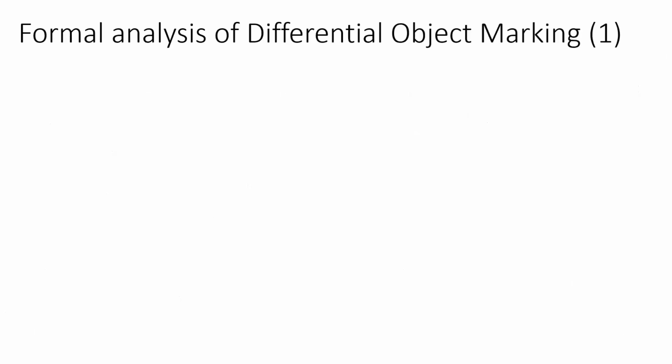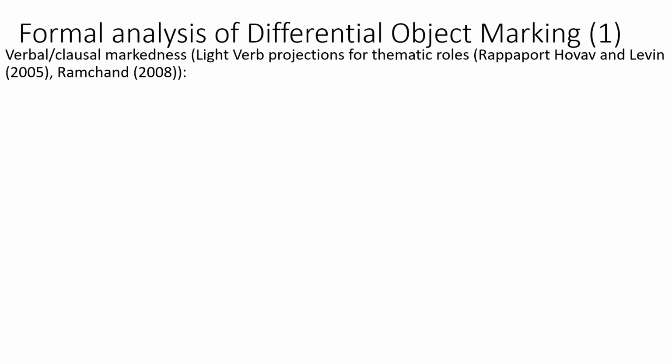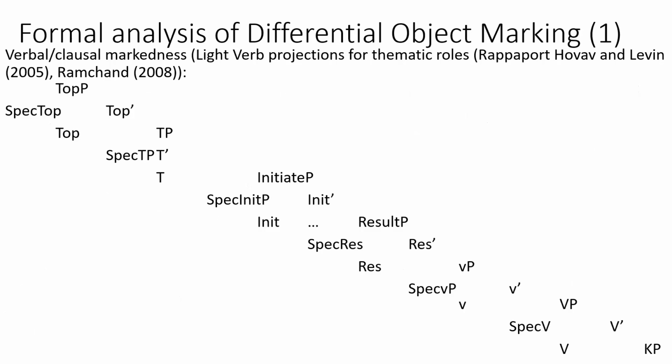So if we look at a formal representation of DOM in Romance, if we think in terms of light verbs, in the classic work, Rappaport Hovav, and Ramchand said, if you look at light verbs as semantic primitives in creating events, we get a tree like this, from a bottom-up derivation. If we use Ramchand's light verb structure, there's initiate, where there's an agent, and the result denotes change.